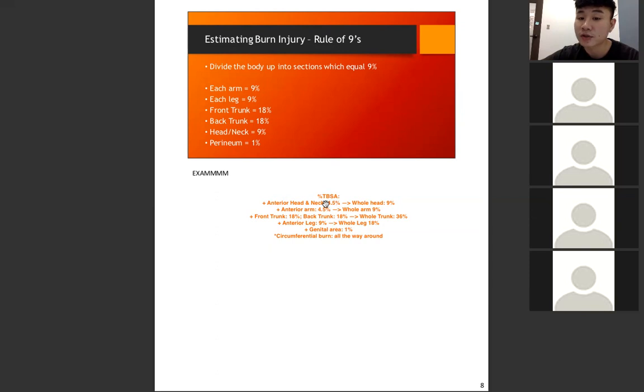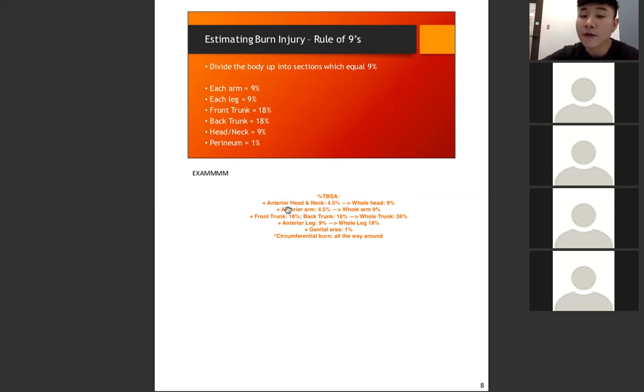Because if you recall, patients who experience burns lose a lot of fluid.